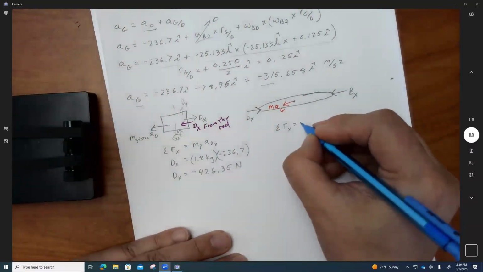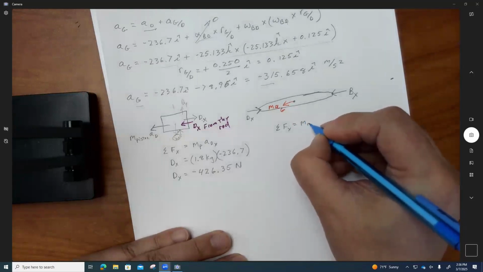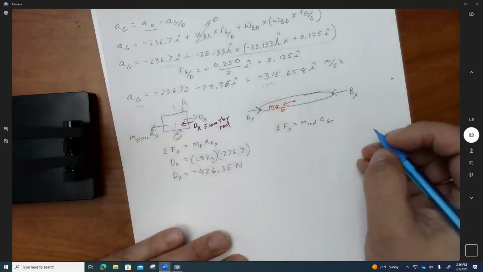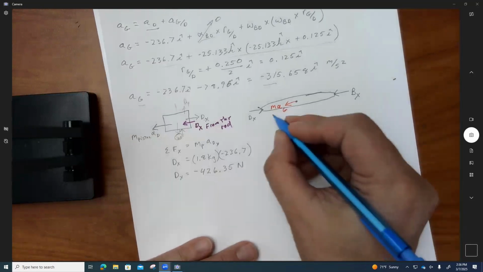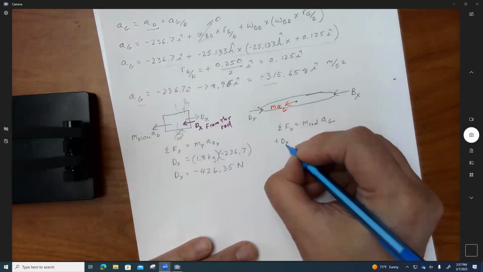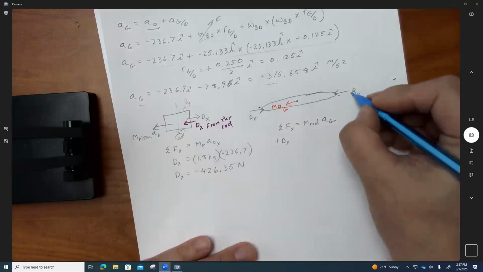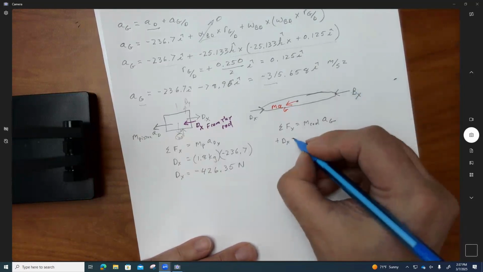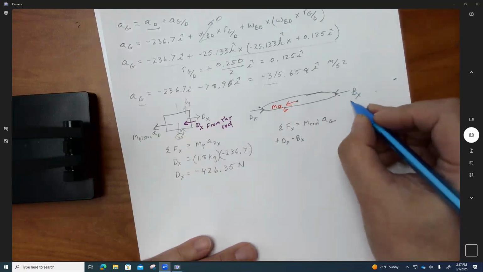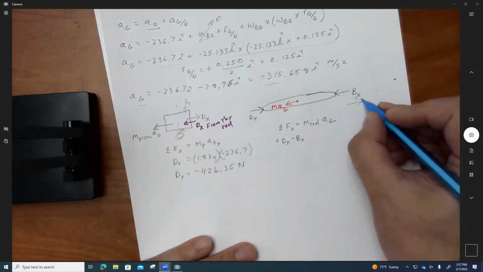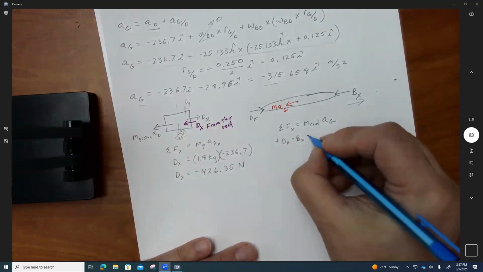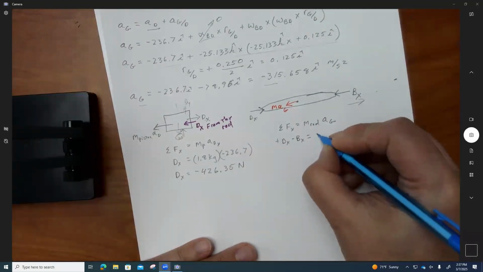We are going to set that equal to the mass of the rod times AG. So I'm going to have a plus Dx. And what do I have right here? I have a minus Bx. If you chose Bx going in that direction, that would be fine. It would work out, and you would just get the negative number.